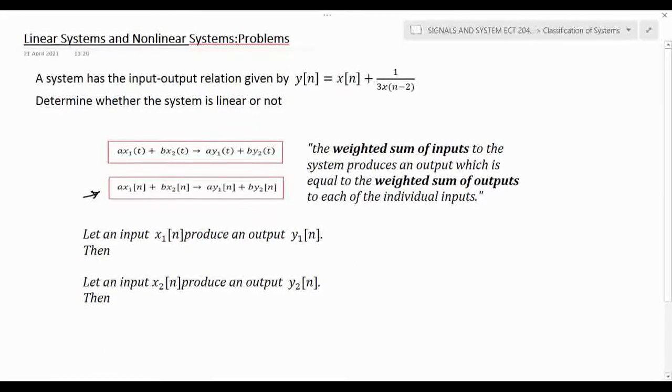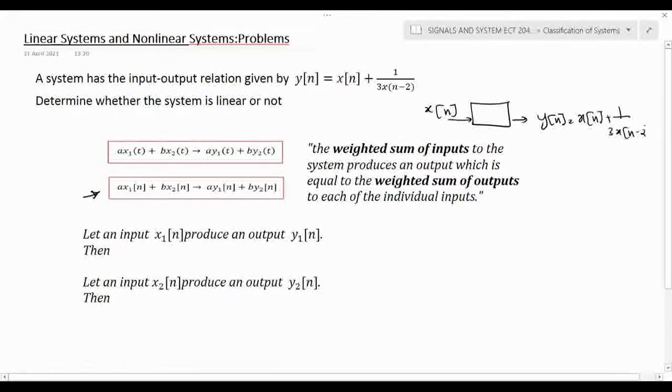And the first case, if the input is x of n, the system produces an output that is given by y of n, which is x of n plus 1 by 3 into x of n minus 2. Okay. So in this particular question, you can check the condition in two different methods.